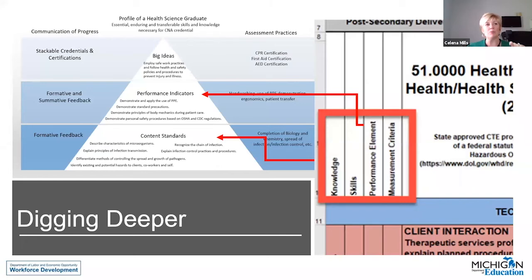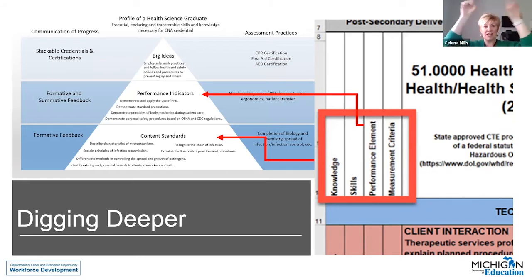And our groups took a look at these and they started to identify how these informed a competency. So what they did is they looked at either what the credential said was important and what was tested on the credential, or they talked to program instructors and said, what's really important? What should students come out with from this program? What do they need to know and be able to do to be successful?